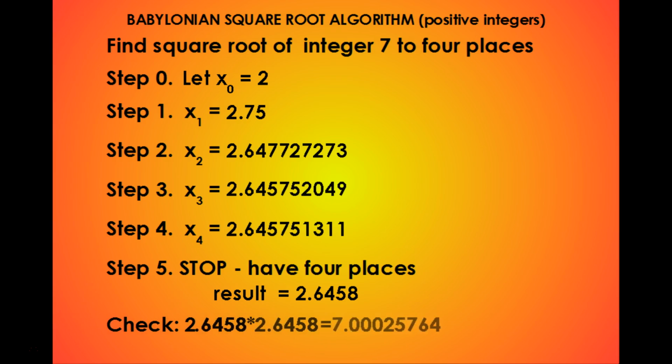Quick check on the calculation, and we have the answer as 7.0025764. And now you may wonder, will we ever get to a stage where we can have complete zeros after the decimal point?